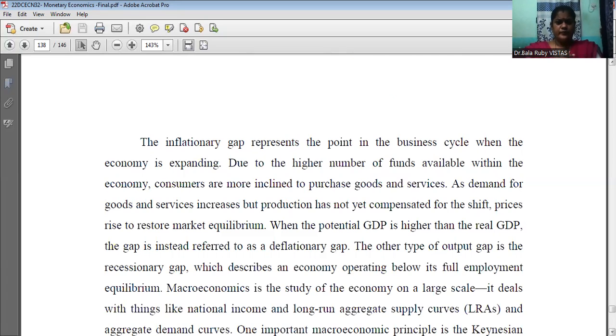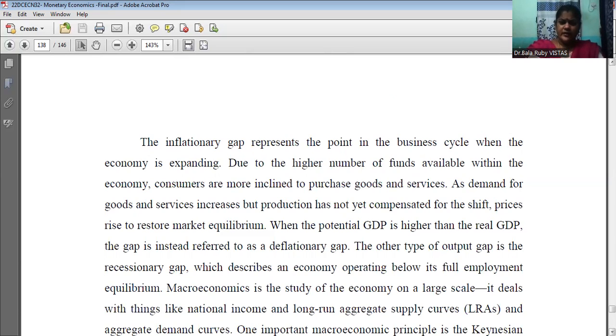When the potential GDP is higher than the real GDP, the gap is instead referred to as the deflationary gap. The other type of output gap is the recessionary gap, which describes an economy operating below its full employment equilibrium.